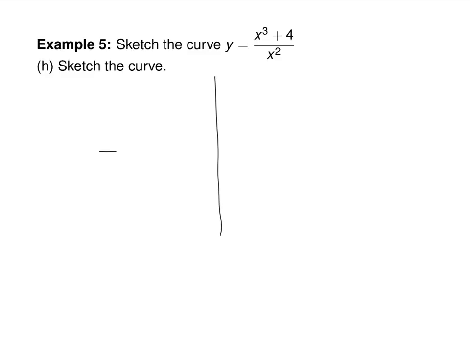So, sketch in your asymptotes. You've got the vertical asymptote, that's the y-axis, right? The slant asymptote is y equals x, right? So that has slope 1, y-intercept 0. Does that make sense? So it's like this.